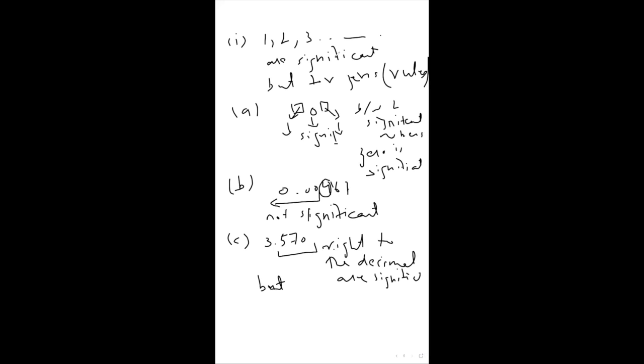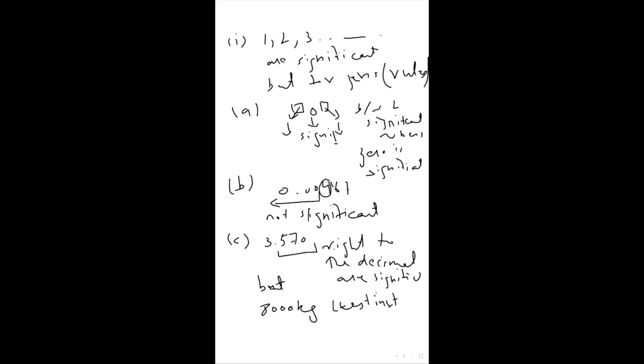But keep in mind, in case you are dealing with integers, then you should also take care of the unit in which the measurement is done. So let's say you have measured a mass of 8,000 kg, and then you have the least count of the instrument.